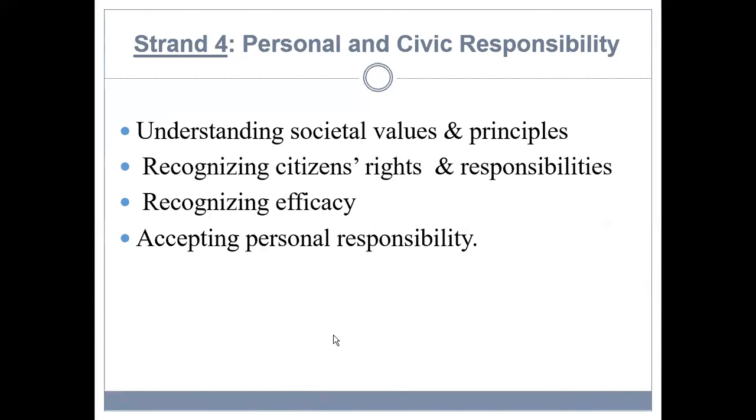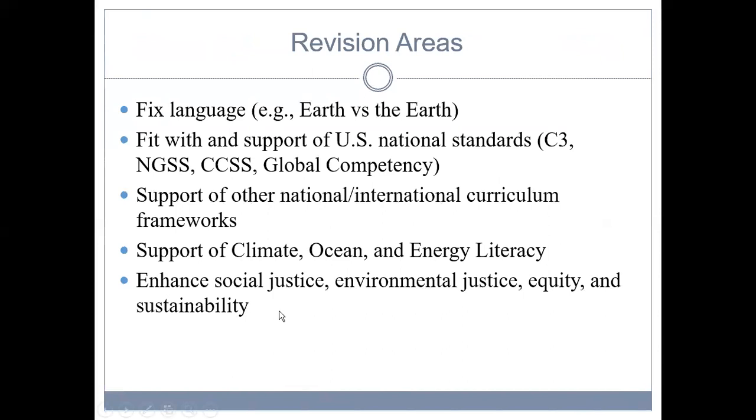But we'll talk a little bit about the revision that's coming up here. So some of the goals that NAAEE has with revising the guidelines are to fix some of the small language pieces, and really fit with and support U.S. national standards. Those include the C3, which is the social studies framework, the Next Generation Science Standards, the global competency, and the Common Core.